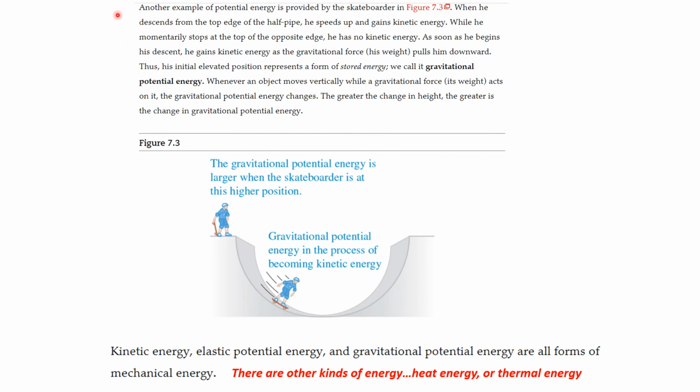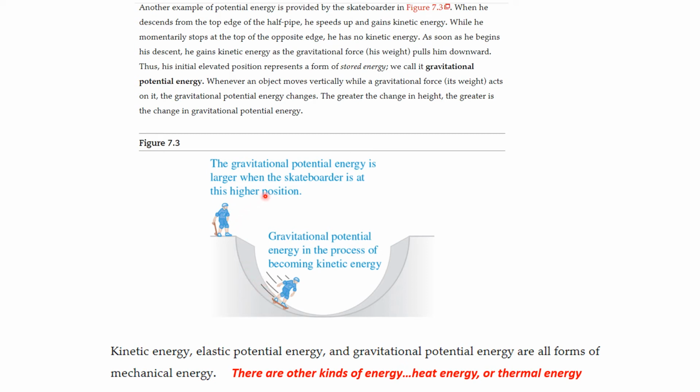Another example of potential energy is the skateboarder that we see here. When he descends from the top half of the half pipe, he speeds up and gains kinetic energy. In fact, if you look at this, he's not moving at all up here, and so his kinetic energy is zero. But then he starts going down, he starts moving, he gets kinetic energy.